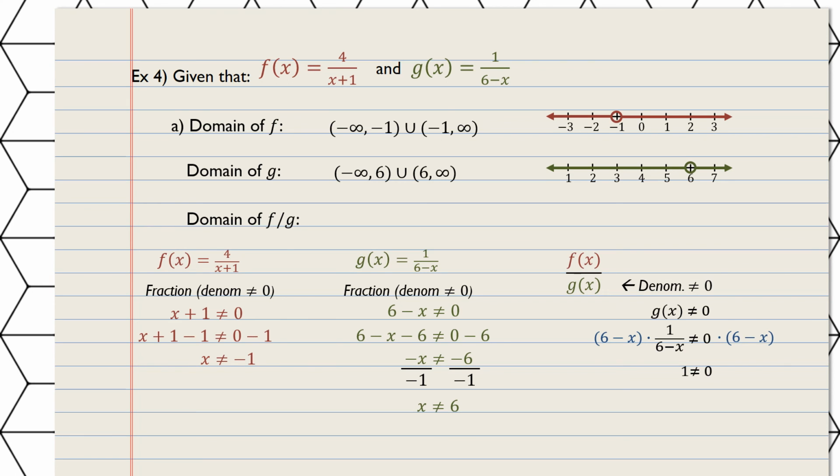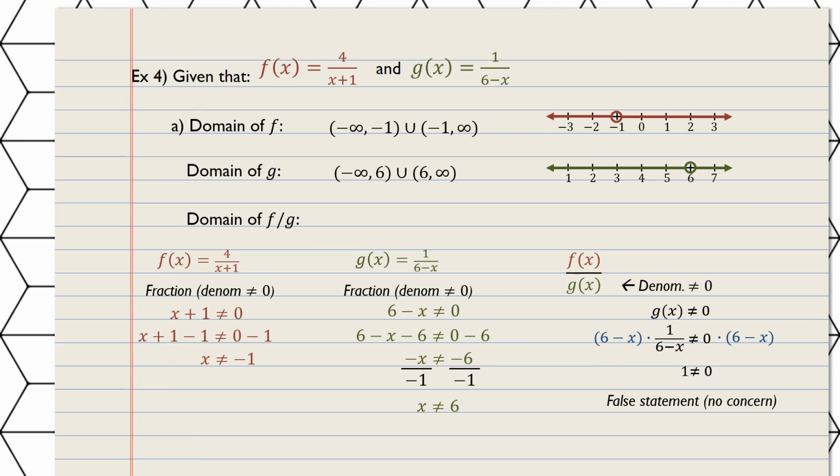Now notice our statement, 1 cannot equal 0. Where did our variable go? Because our variable disappeared, it means we are not concerned about the denominator ever equaling 0. Because it's a false statement, because the variable disappeared, we don't have to worry about that technicality.